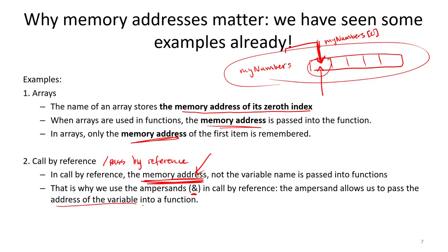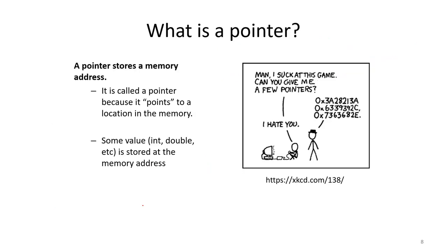So that brings us to today's video. We've talked about how it's important to be able to manage memory, and to do that, we use something called a pointer. A pointer is a data type that specifically stores a memory address.